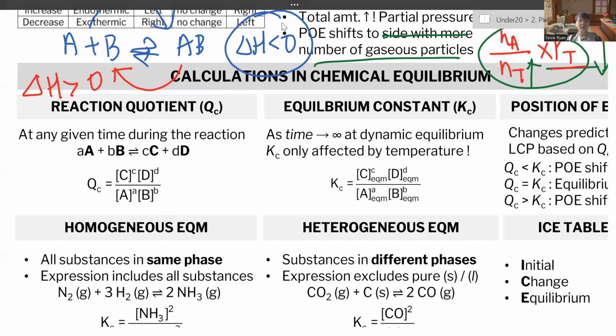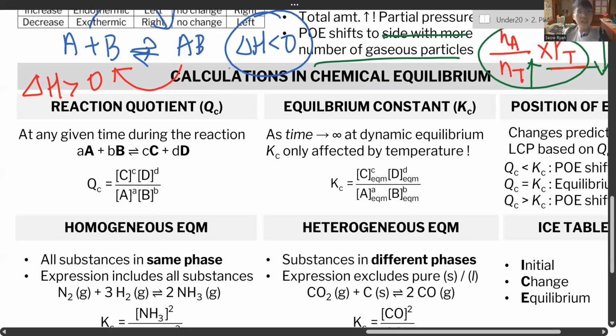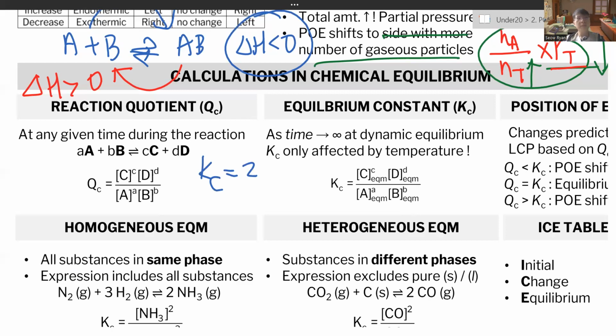So let's just say that the Kc of a reaction is equal to like 2, okay? And we now calculate that Qc at this point in time is 1. Remember that the ratio is always products over reactants.